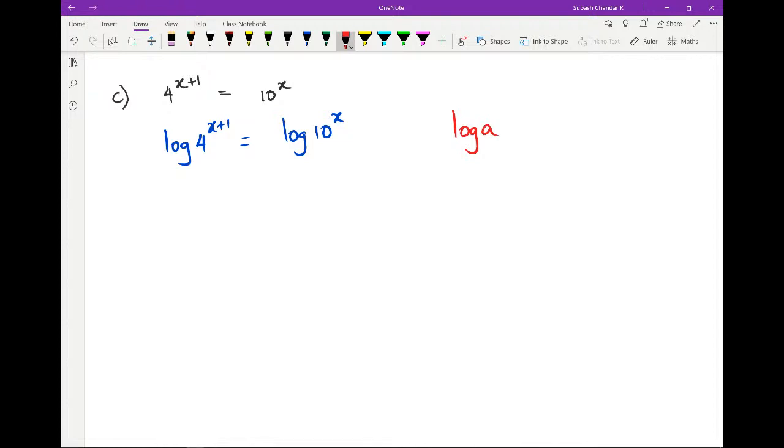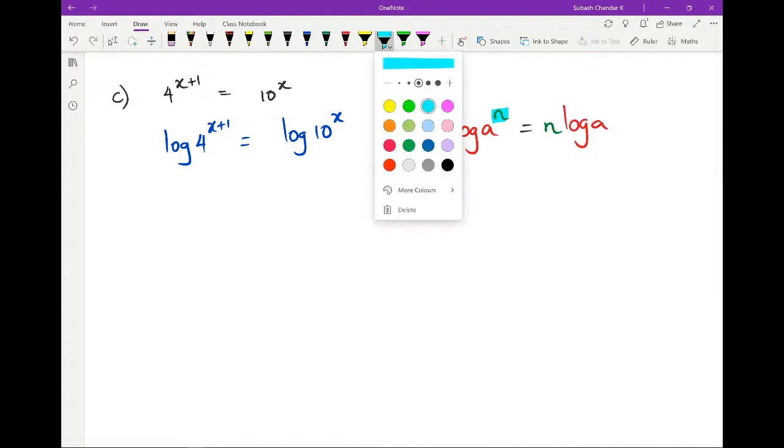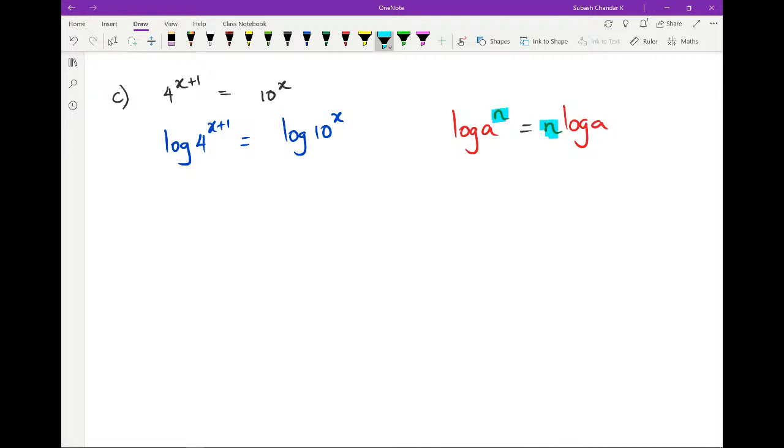Log a to the power of n is the same thing as saying n log a. So if you have something in the power, then you literally just move the power to the front, like how it's done here. So that's basically what's happening here.